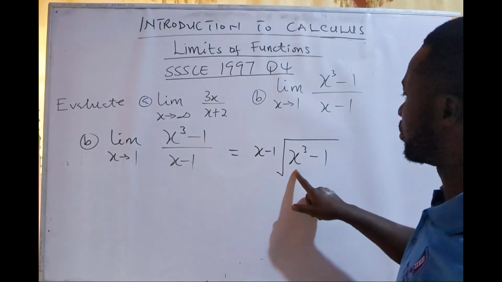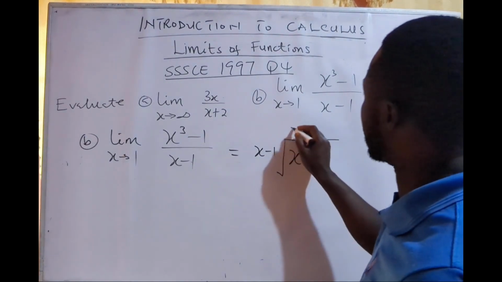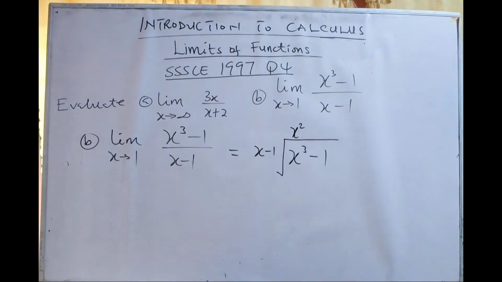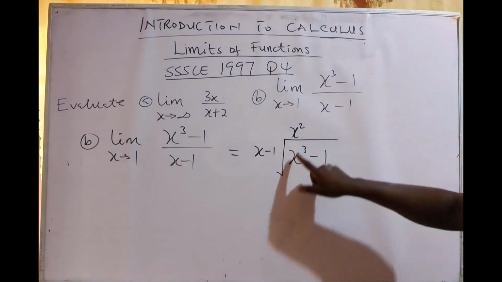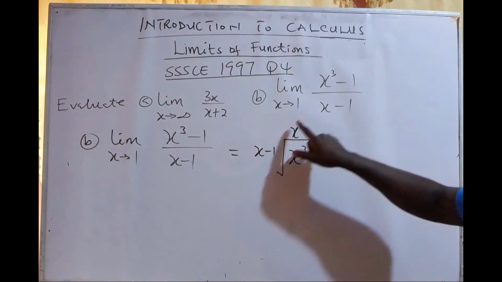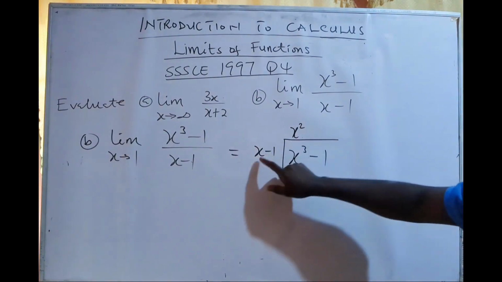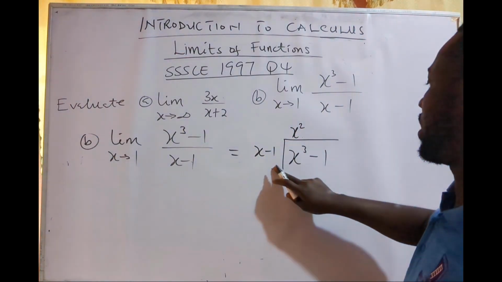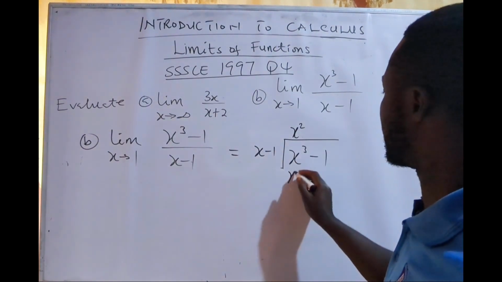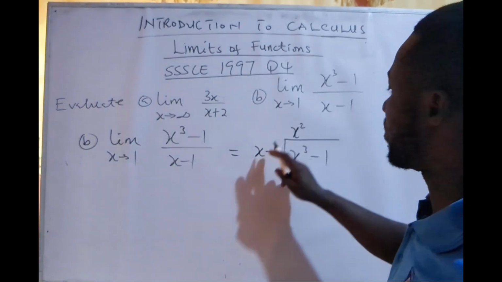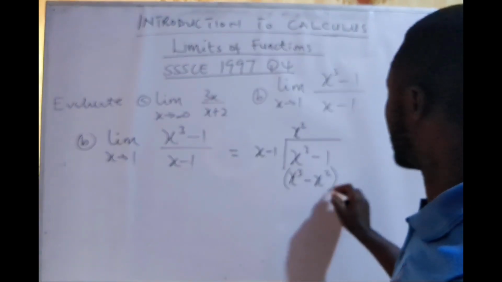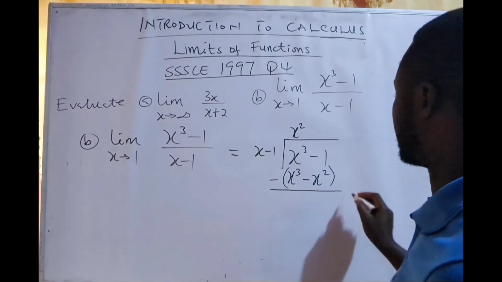x will go into x cubed how many times? To go x squared. If you remember polynomials, x cubed divided by x will give me x squared. Then you multiply the x squared by here and by here. So x squared multiplied by x will give me x cubed, and then x squared multiplied by minus 1 will be minus x squared. Then after that, you subtract.